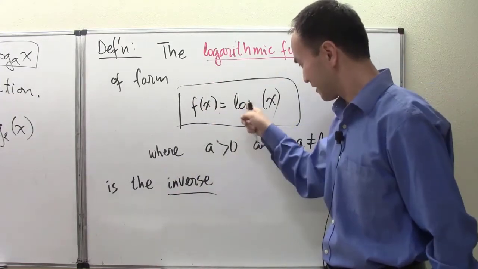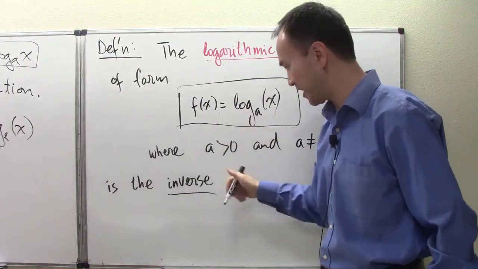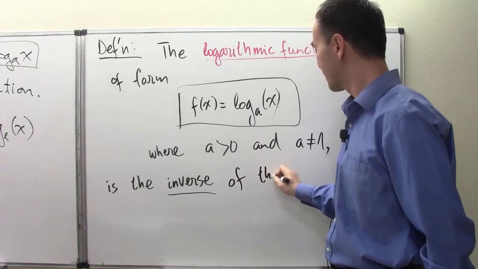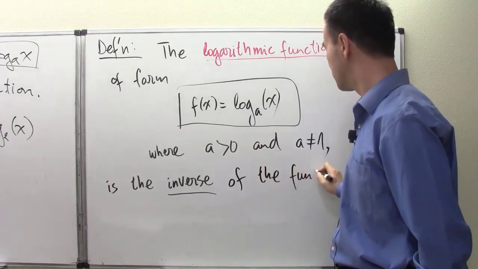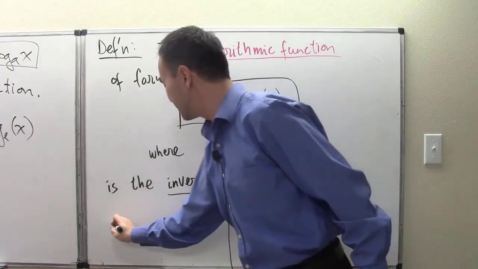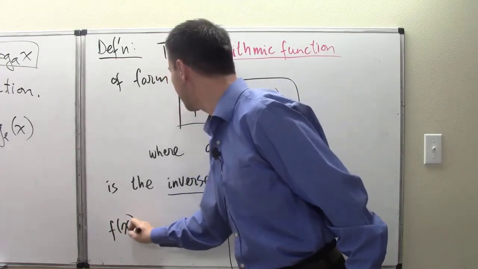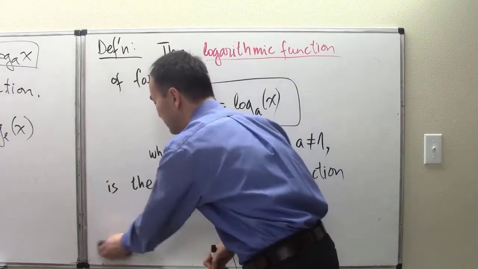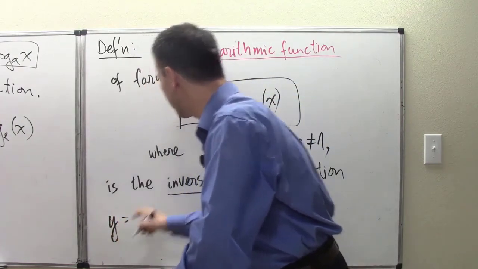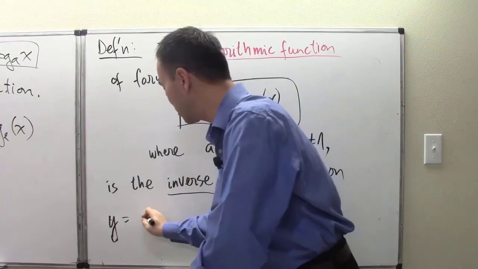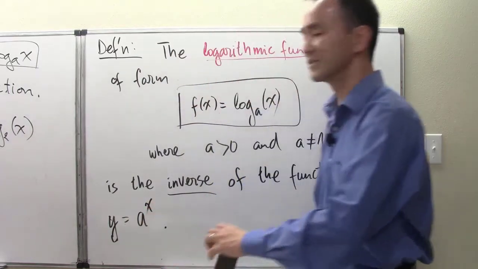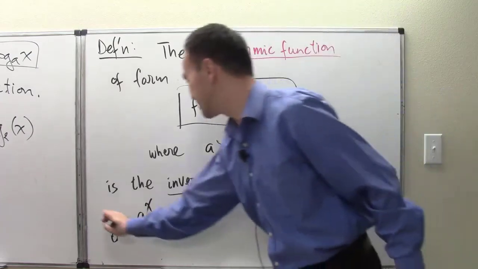So this logarithm right here is defined as the inverse of a specific function right here, a function that's in a form. How about y equals, because I already used f of x for this, so y equals a to the x.